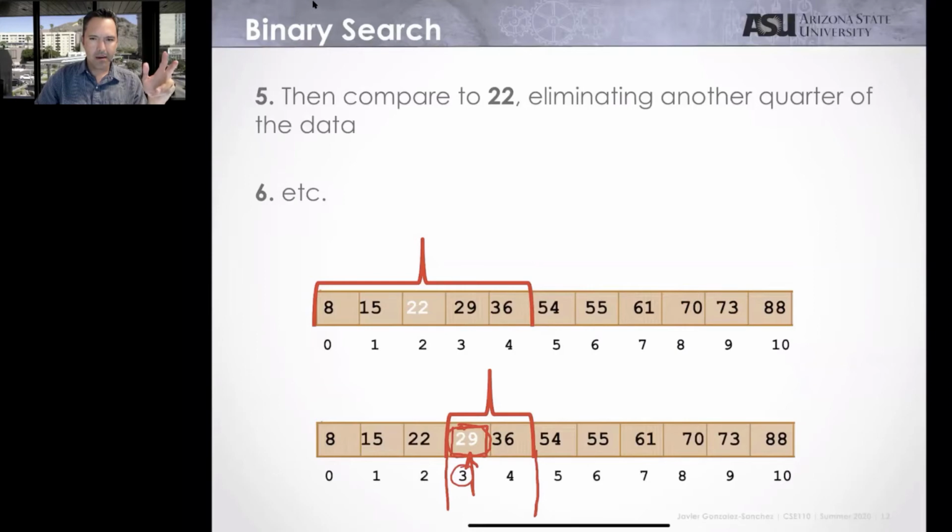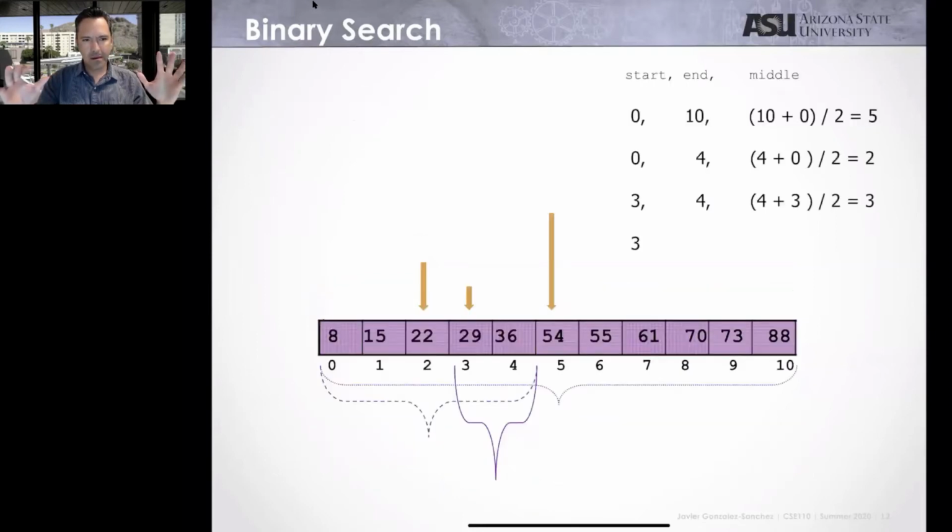Okay. Now, help me to organize my ideas. Important things here. Always, always, always, we are talking about a starting point, an end point, and a middle point, right? The first time, the starting point was the first element in the array.